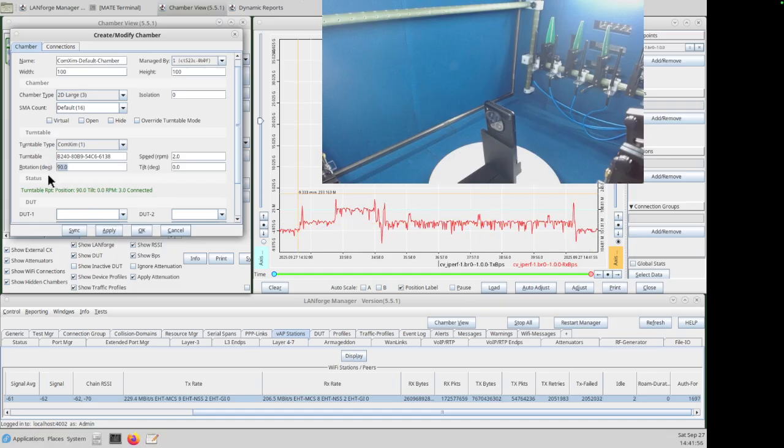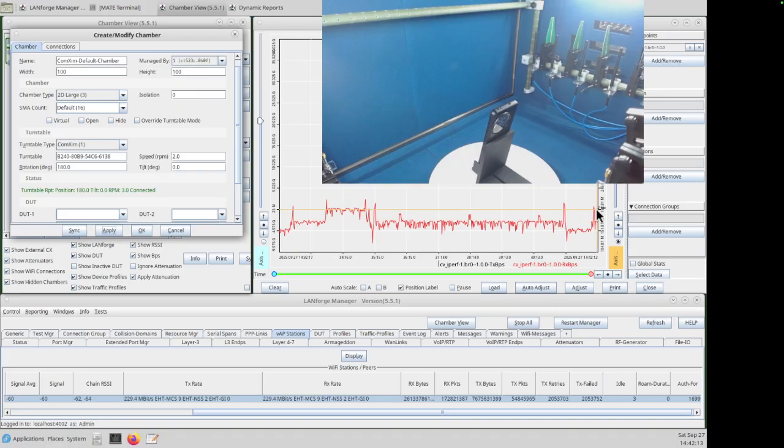So now I'm going to move it to the next angle, which is 180. That's similar to the same position we started with, just with the phone facing the other way. So it's going to be perpendicular to the AP, but facing the other way.